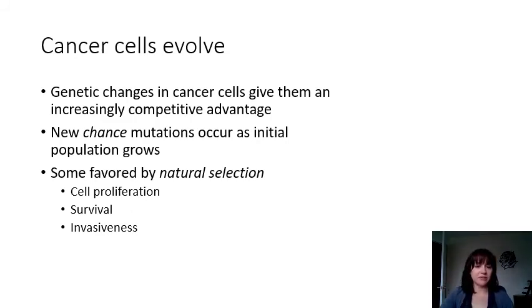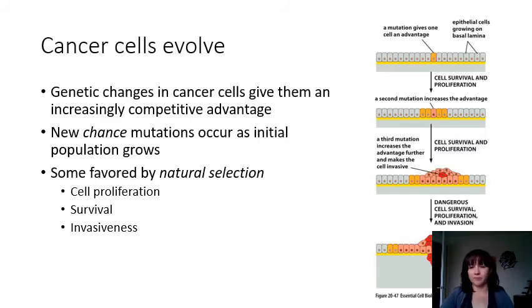Right, so any mutations that are going to promote cell proliferation, survival, say not listening to cell death signals, or enhanced migration are going to be selected for. In this example, we have a cell that acquired a mutation, gave it a slight advantage, and maybe it then acquired a second mutation that increases that advantage.